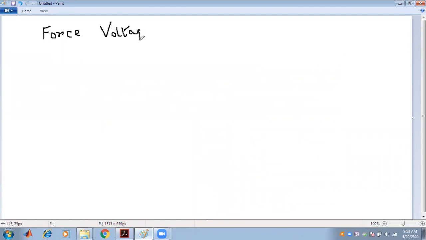The force voltage analogy and then the force current analogy, these two parts we will study today.